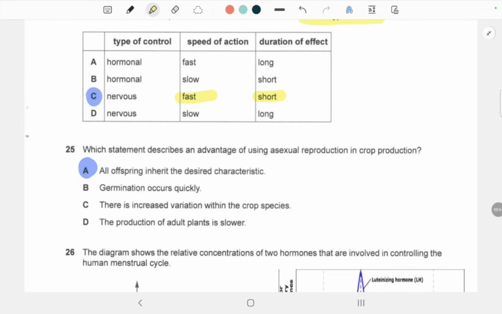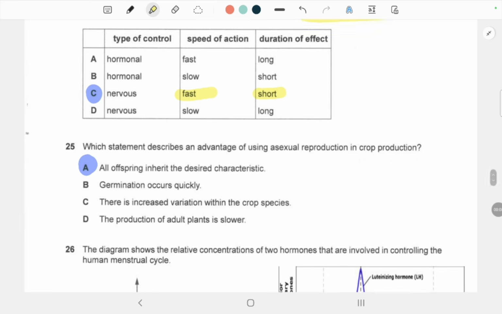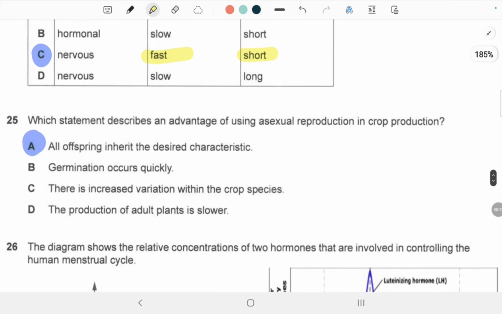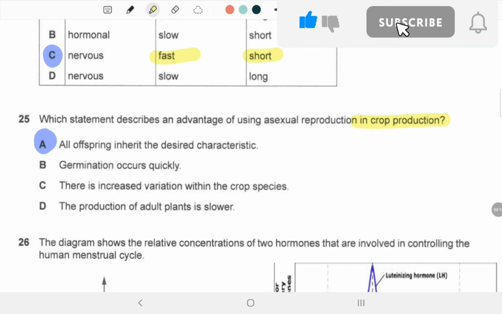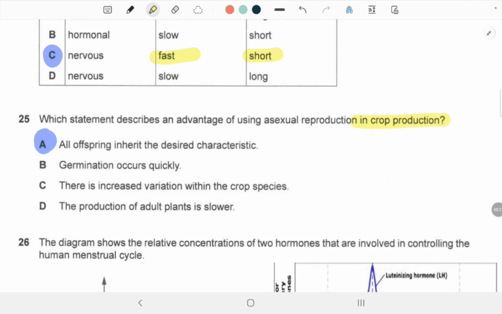Now for question 25, it is asking which statement describes an advantage of using sexual reproduction in crop production. In crop production, all offspring will inherit the desired characteristic, and I want all offspring to inherit the desired characteristic because I don't want variation.